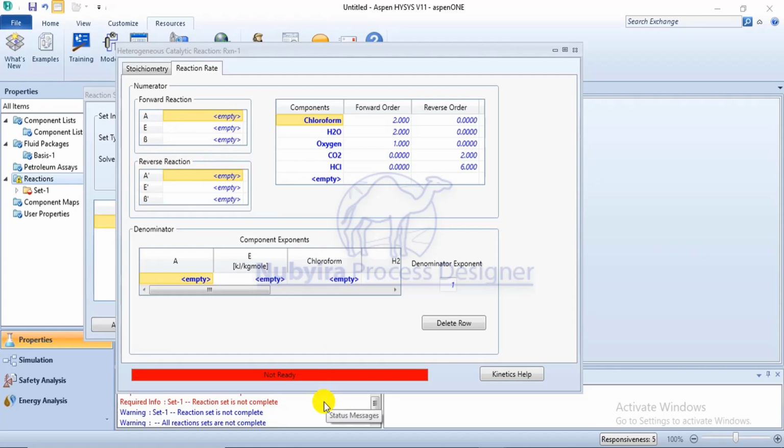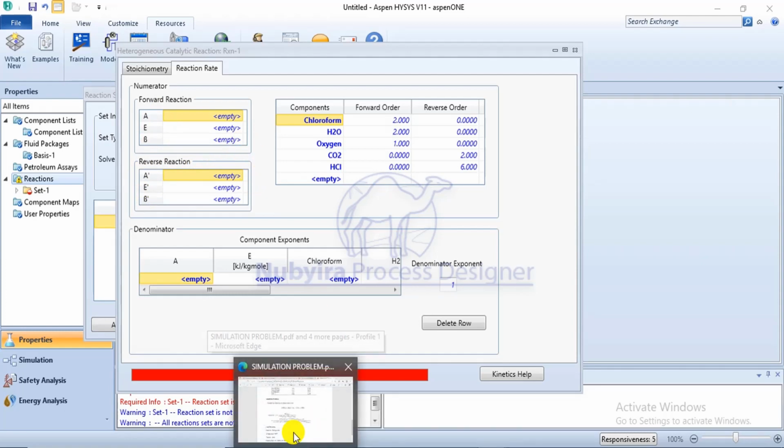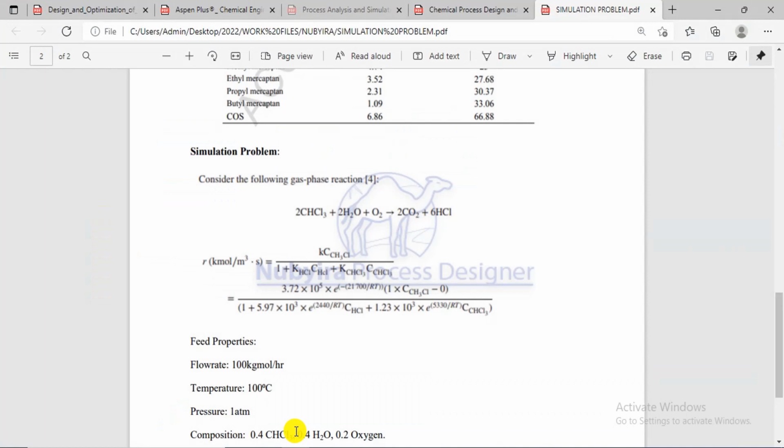Let's go back to the expression and get the numerator values. For the numerator, we have 3.72 times 10 raised to power 5. This is our K value, which in Hysys will be our A value, so this is what we'll put as A.